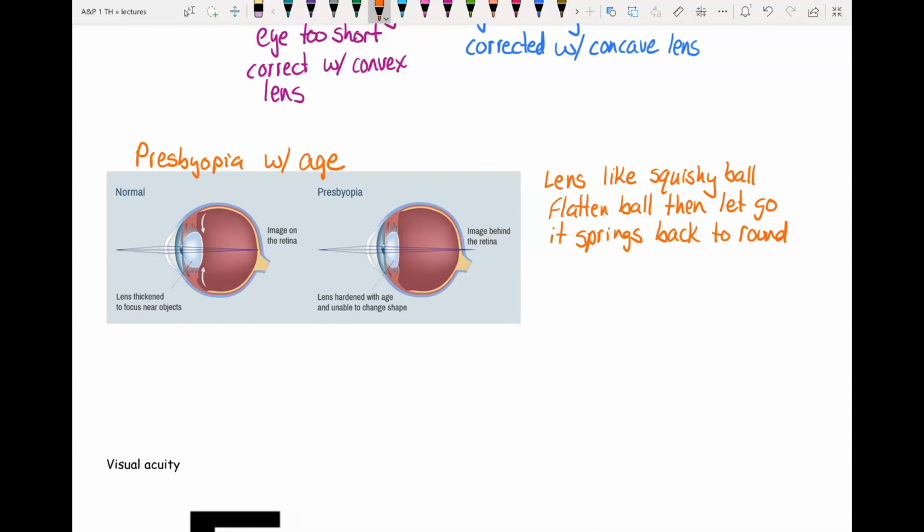Another thing to think about is like your socks or the waistband in your shorts. You can stretch elastic and it will spring back, but only for so long. Eventually your shorts start to lose their elasticity and your socks start to slouch. So with age, at about 40 or 50 years old, the lens loses its elasticity.